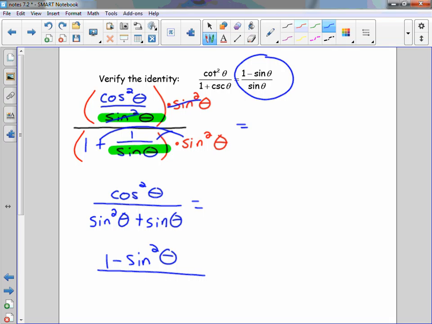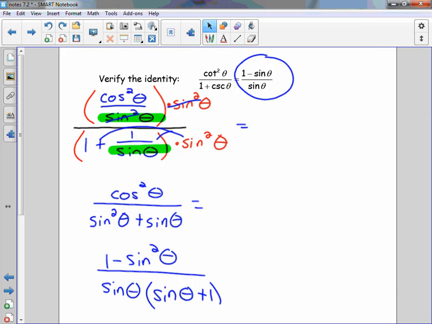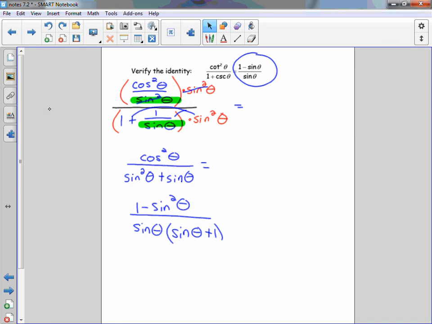And I'm also going to go ahead and factor out a sine within this part. So this will become sine theta. If we take that out, we'll be left with 1, or sine theta plus 1. Okay? So we're getting close.